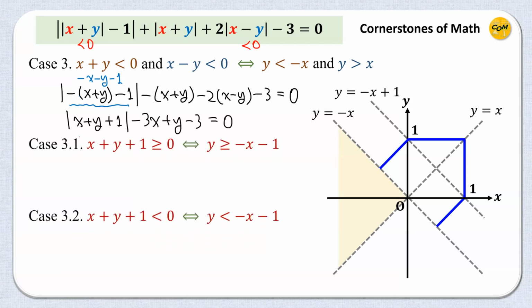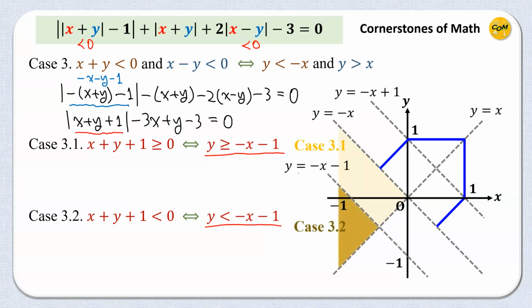So now we divide cases according to the sign of x plus y plus 1. This gives two regions, one above the line y equals minus x minus 1, and the other below the line y equals minus x minus 1. So now we have to draw the graph of y equals minus x minus 1 and consider the regions above or below that line.